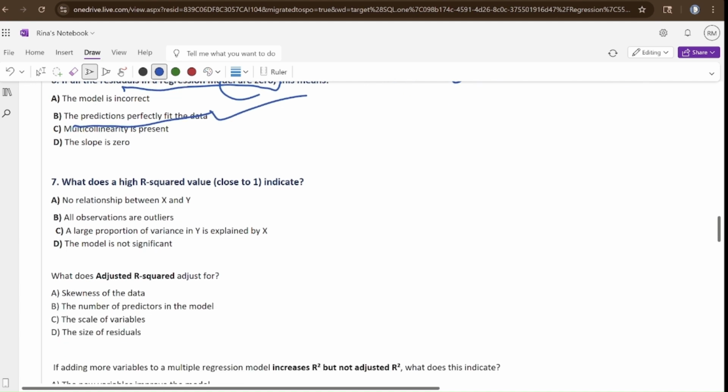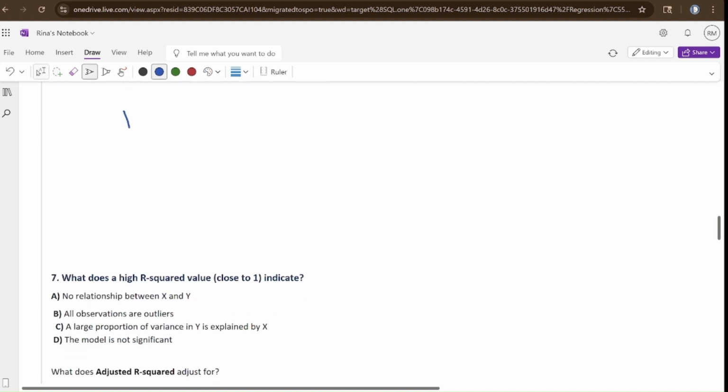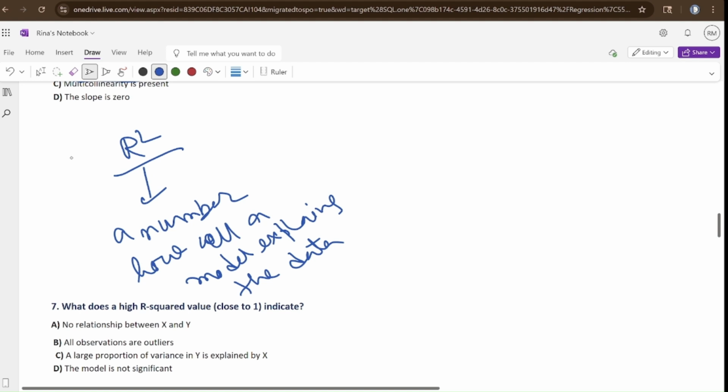Fine. Now next question. What does a high R squared indicate? See, what is R square? R square is a value, or we can say a number, that shows how well a model explains the data. If R square is 1, that means the model explains 100% of the variation.